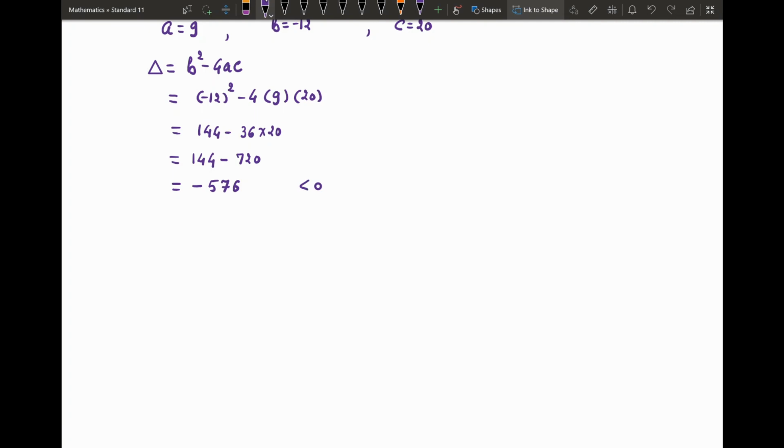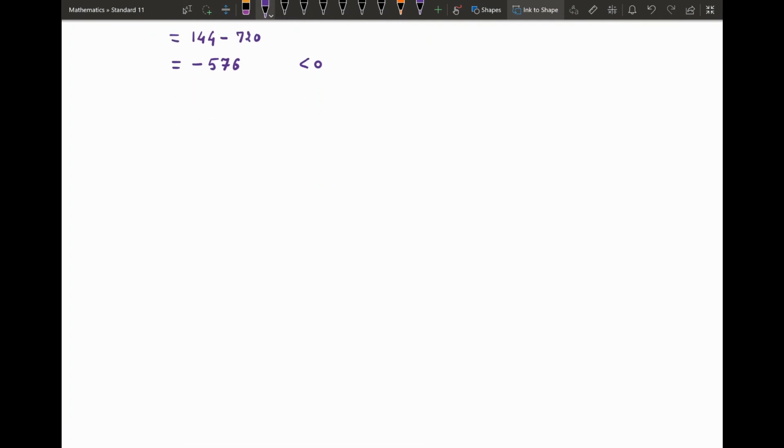So we will get complex roots, and therefore the roots are x equal to minus b plus minus under root b square minus 4ac upon 2a.